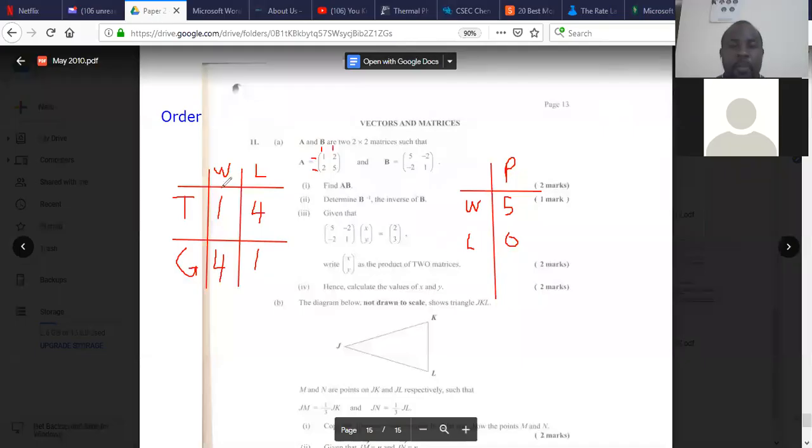So we're saying, based on the data set we have here, we have a match of data, right? So we have the data set Taki, Geisel, T for Taki, G for Geisel. Win column: Taki won 1, Geisel won 4. Lose column: Taki lost 4, Geisel lost 1. Cool? Now, points. If you win, you get 5 points, and if you lose, you get 0 points.